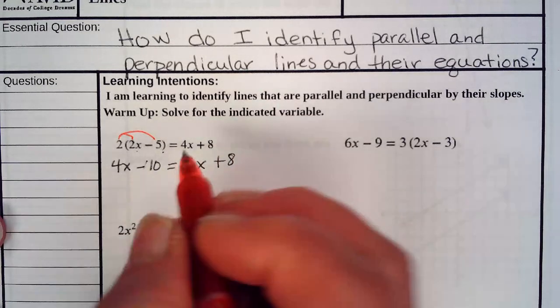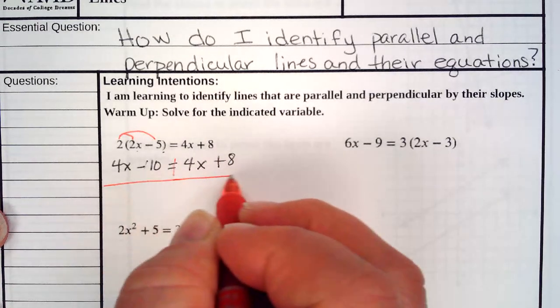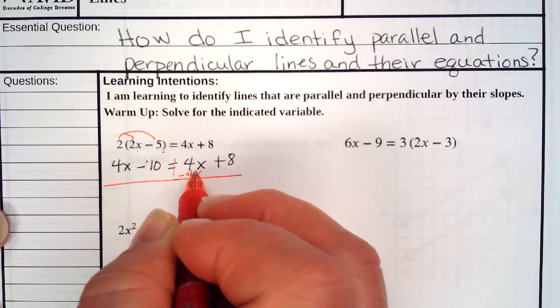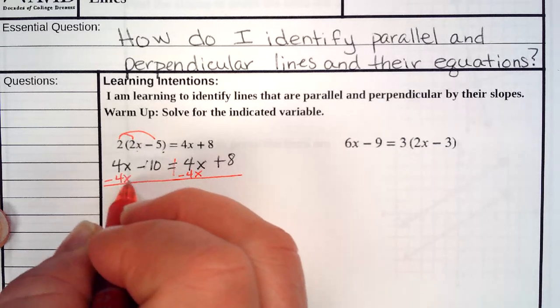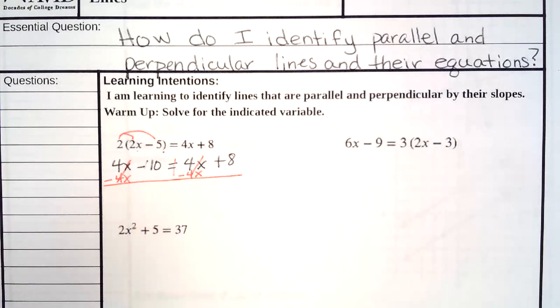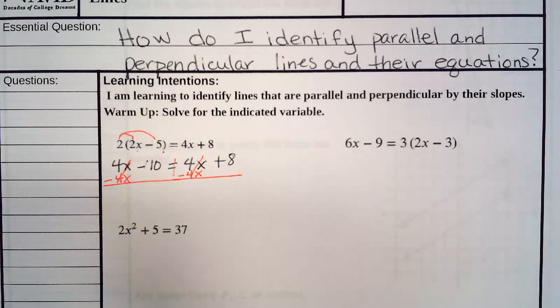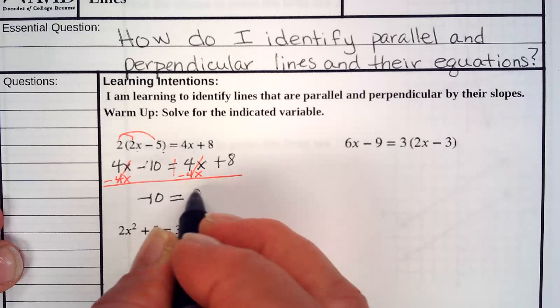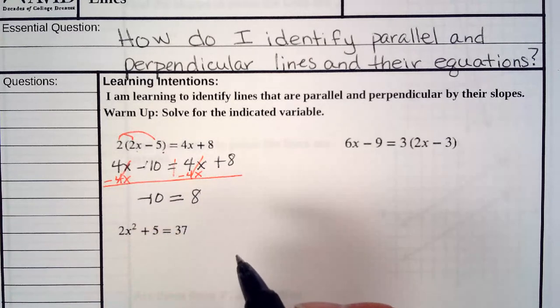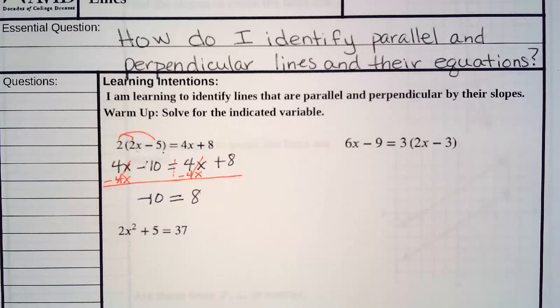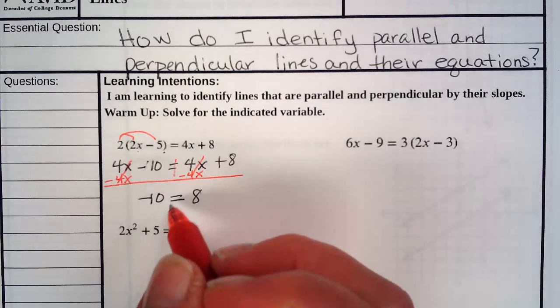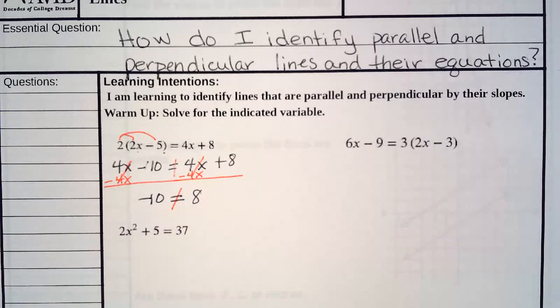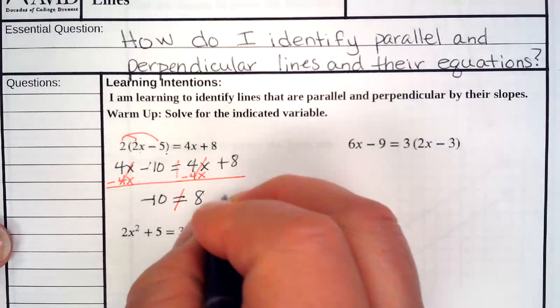When I subtract 4x from both sides, I have the statement negative 10 is equal to 8. Is that correct? Is negative 10 ever equal to 8? No. So that tells me that there is no solution.